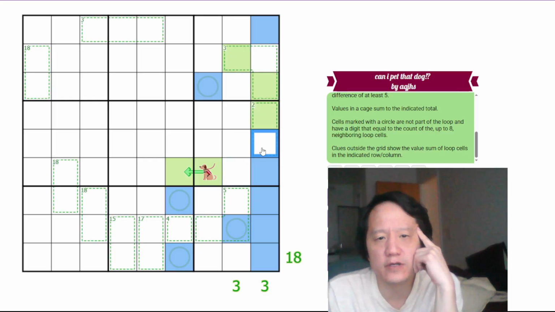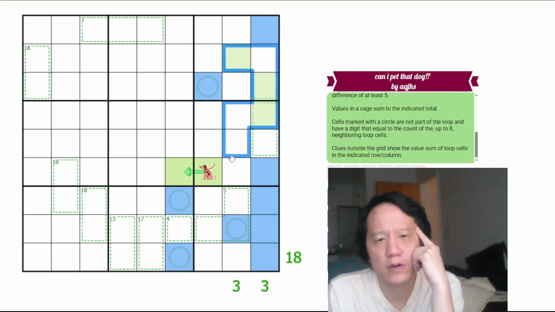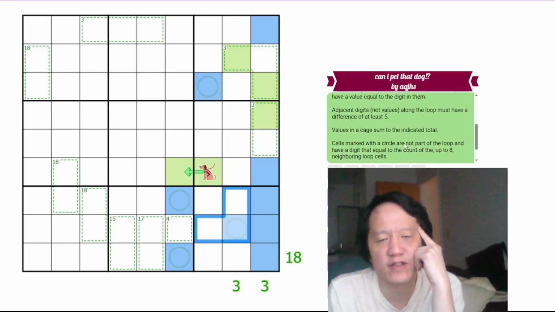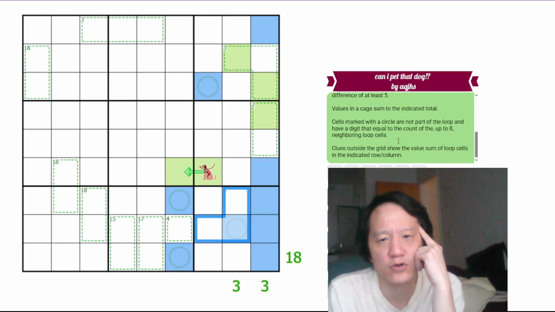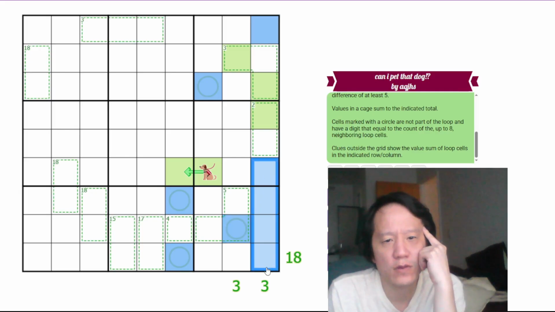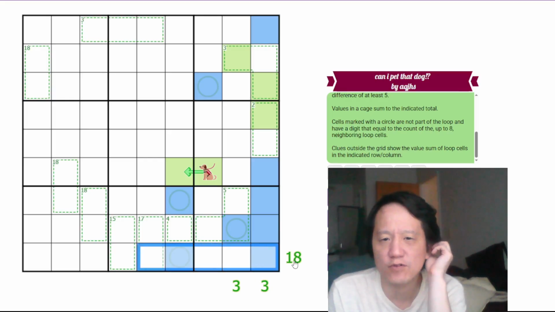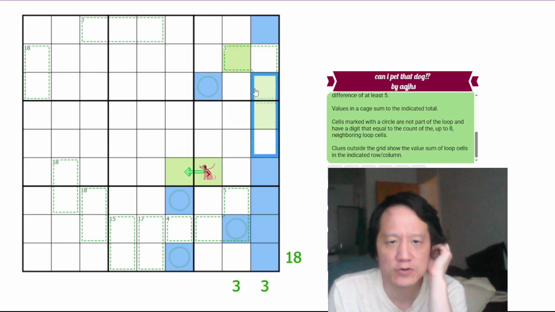But the problem is, this then doesn't go to this, and this cage cannot add up to 5 unless you have one digit that's on the loop. Unless I'm misunderstanding how these value sum of loops work, this has to be 3 at most on the loop. This has to be 3 at most on the loop.